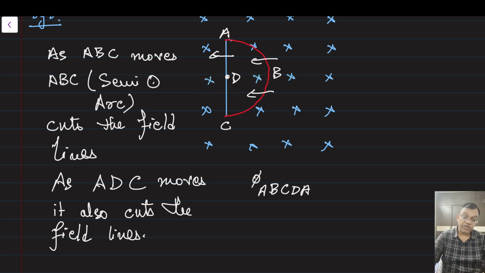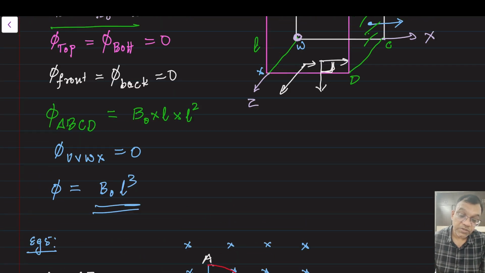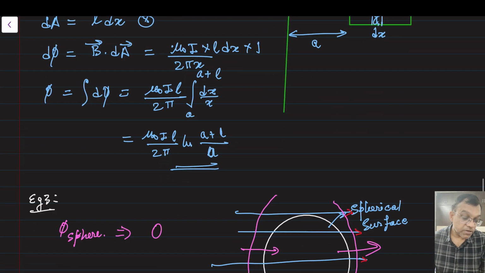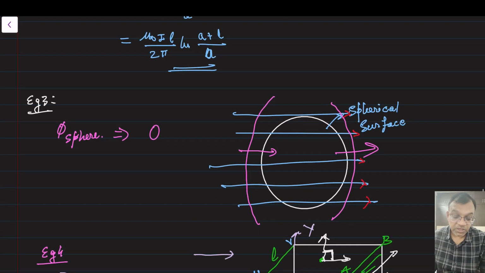So the net flux linked with the loop ABCDA is 0. The flux linked with ABC and ADC are equal in magnitude, but one is positive and one is negative, one goes in, one goes out. So this is all about the magnetic flux. The next part we'll see in the next video.